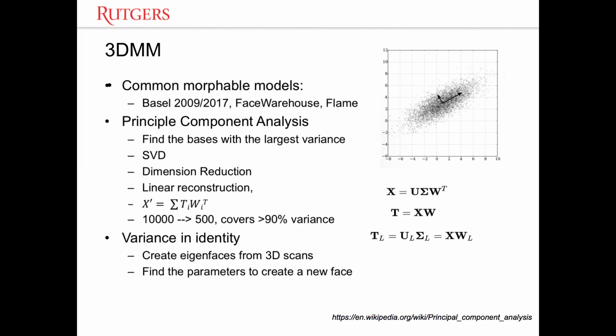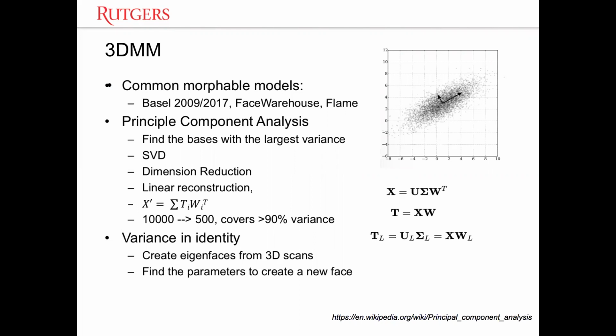The basic idea of principal component analysis is to keep the first few largest principal components and do a reconstruction. Let's say we have 10,000 vertices, an array with 10,000 dimensions.